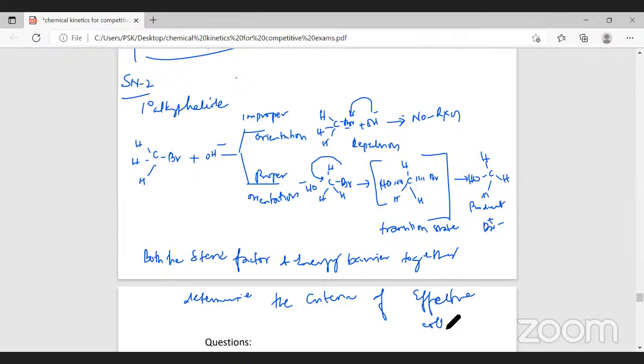So in collision theory, there are two criteria which decide the effective collision. One is the steric factor, otherwise called the orientation factor. The other one is called the energy barrier or energy factor. The energy factor has to be overcome, and also the molecules have to be properly oriented. Only then, when the molecules collide, will it lead to the formation of the product.